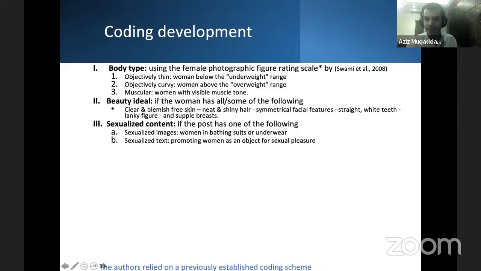So if the model or the fitness model is wearing like a bikini or something, that would be considered a sexualized image, regardless of what you as a reader or as a consumer think, right? So here, they're just saying this is the criterion we use, and we're just going to apply it uniformly, regardless of what each individual would think. All right. So you see the difference. This is like an objective approach, not like a subjective approach. Hence, it's deductive. You use something that is predefined and you apply it. Okay.